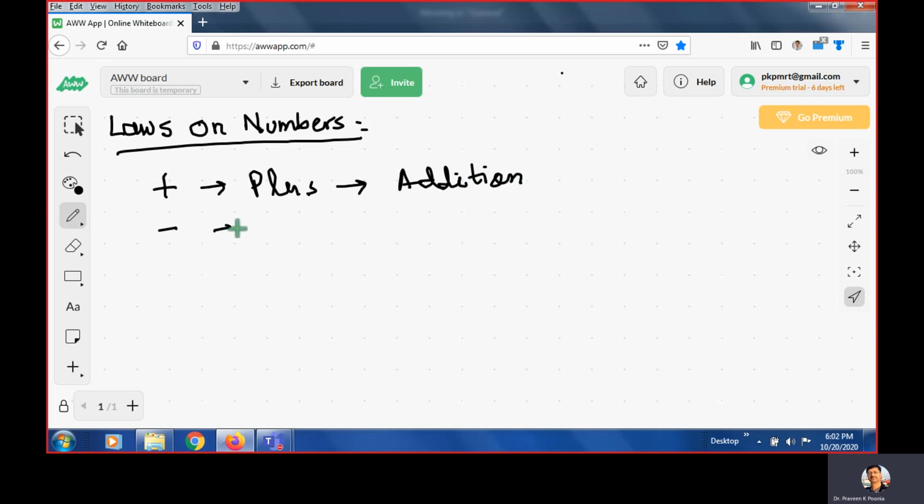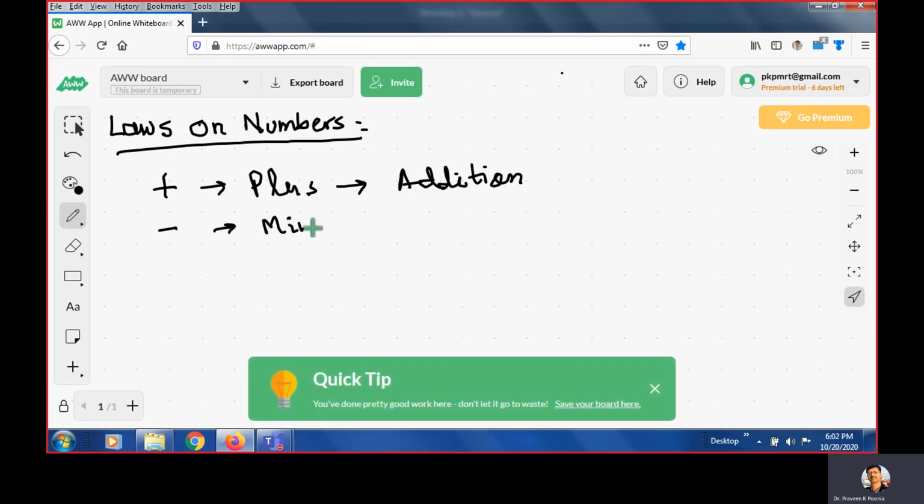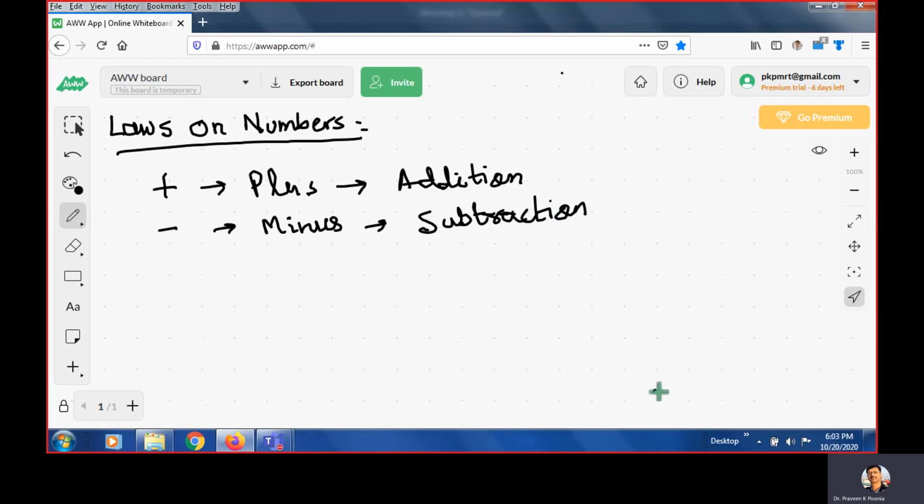This is second. It is minus. Minus means subtraction. Clear? Third one is this.